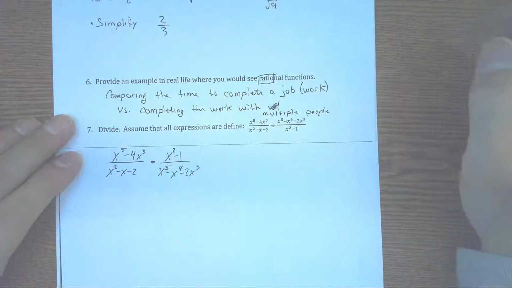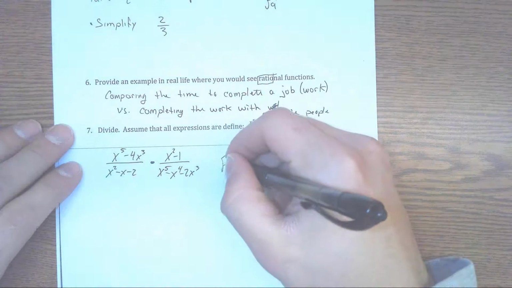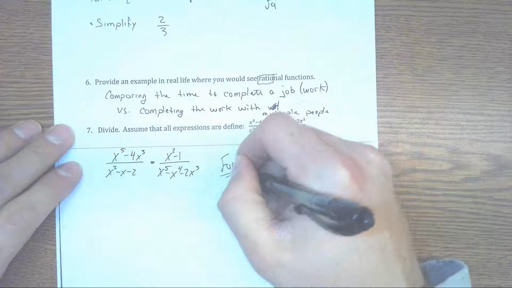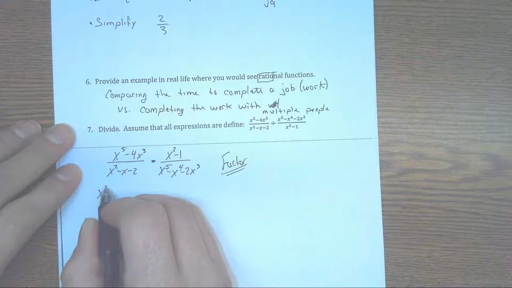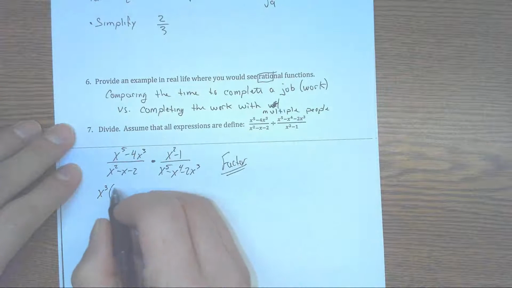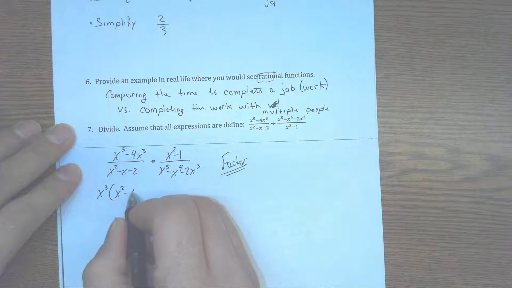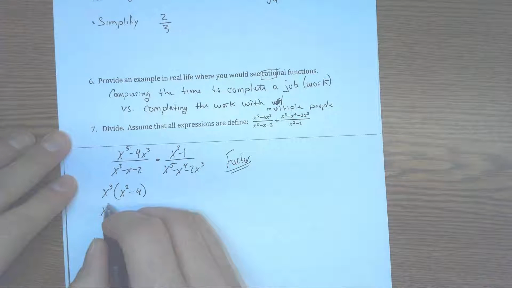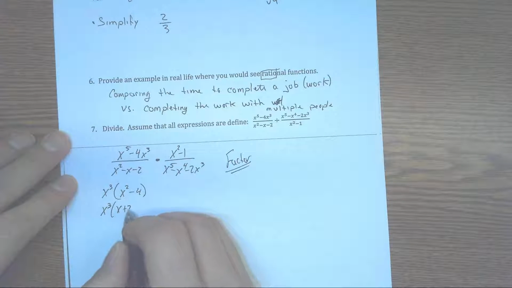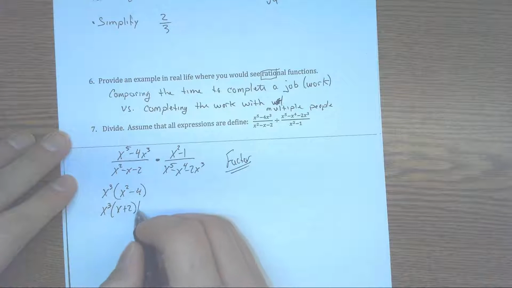Now, the rest is just factoring. Factor, factor, factor. Make sure we factor everything. So up here, what's in common? x to the third is in common. So we get x squared minus 4. I can keep going. That's the difference of squares. x plus 2 and x minus 2.